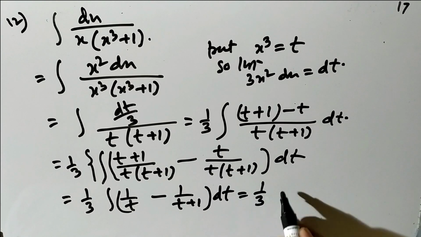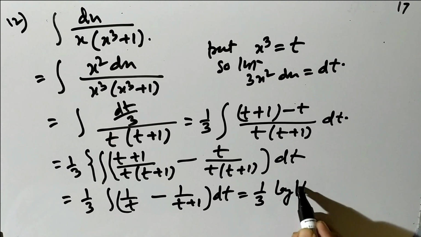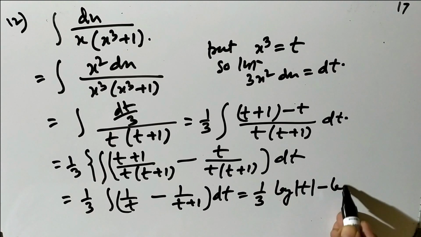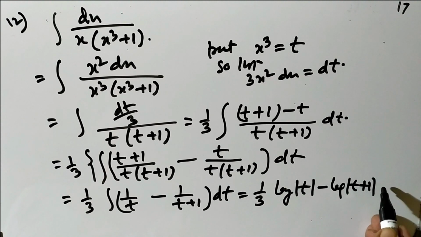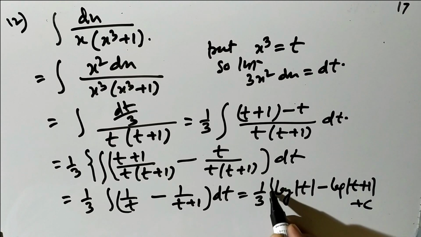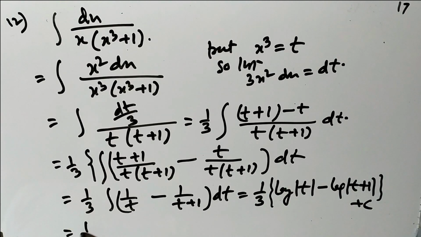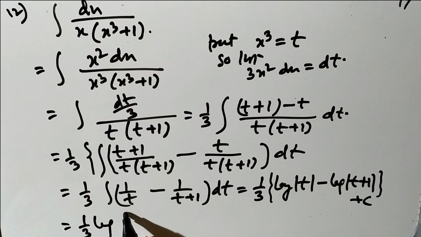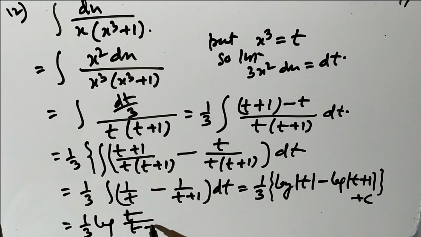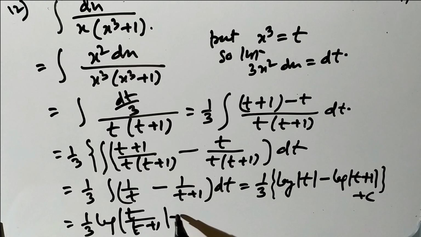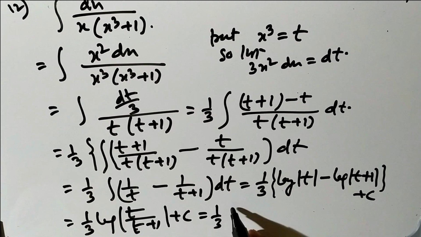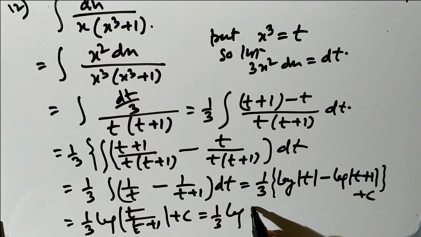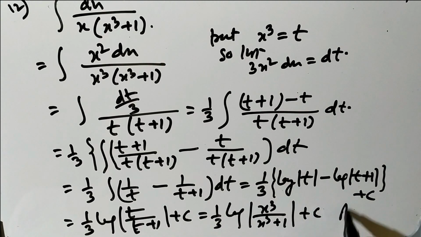This is equal to 1 by 3 log mod t minus log mod t plus 1 plus c. This is equal to 1 by 3 log t by t plus 1 plus c. This is equal to 1 by 3 log x cube by x cube plus 1 plus c. Answer.